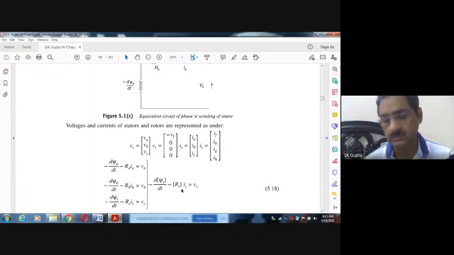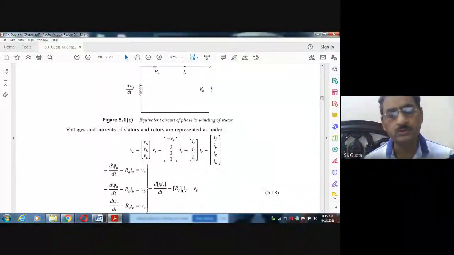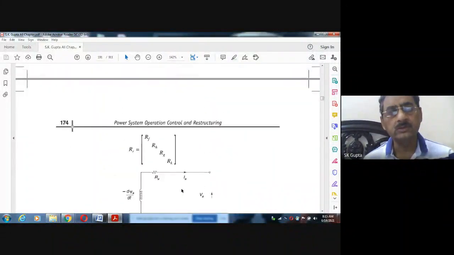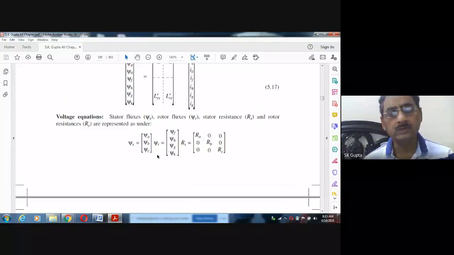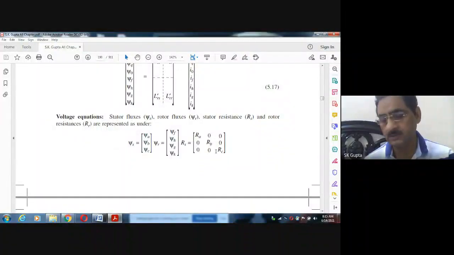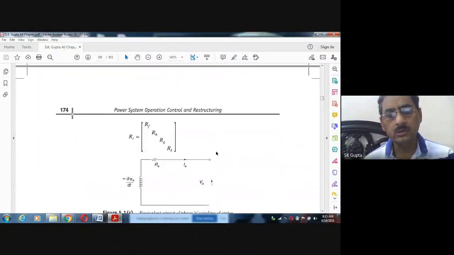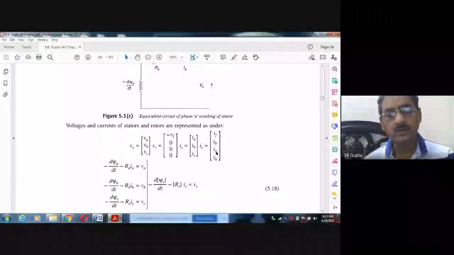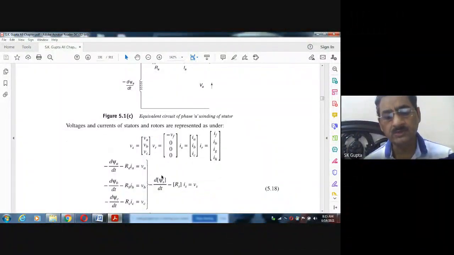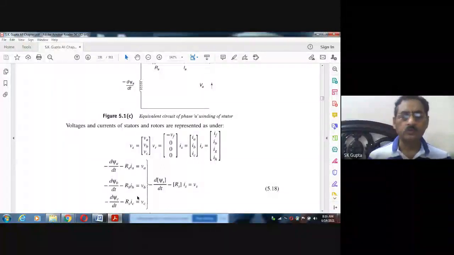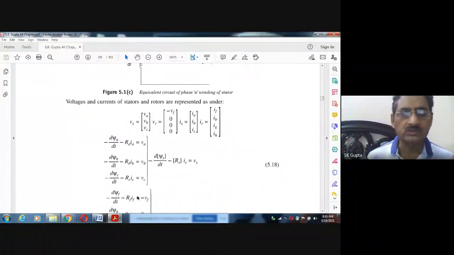In short, psi s is nothing but psi a, psi b, psi c in matrix form, and Rs is the diagonal matrix RA, RB, RC. So if you open this, you will get these three equations. These are the voltage equations on the stator side.